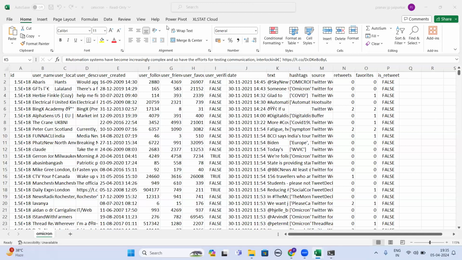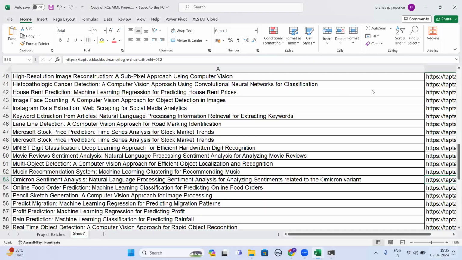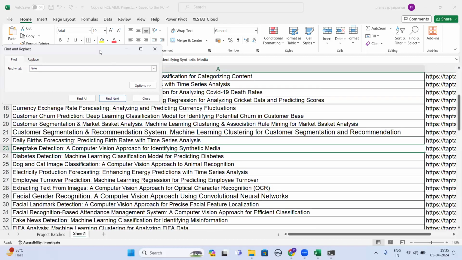Right now, there is a request by one of the learners. Let me close this. We already have lesser time about the fake news detection machine learning classification. So let me search over here: fake news. Where is it?